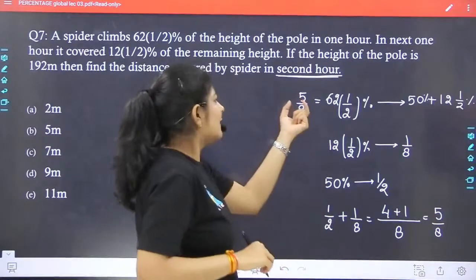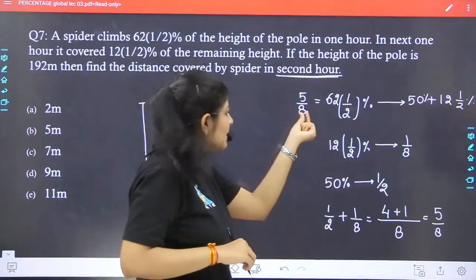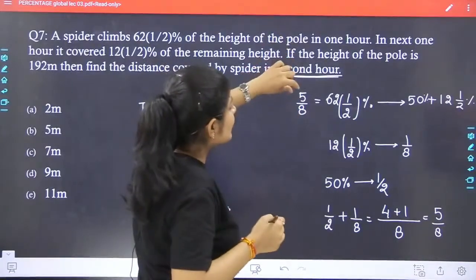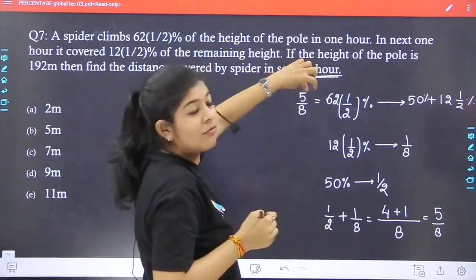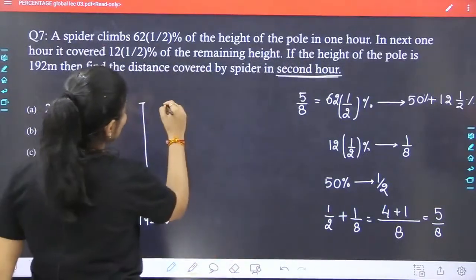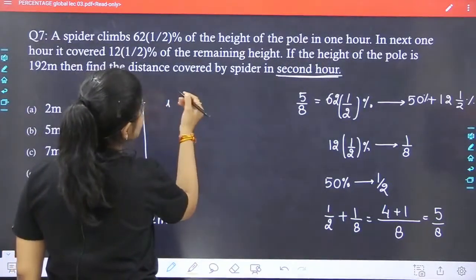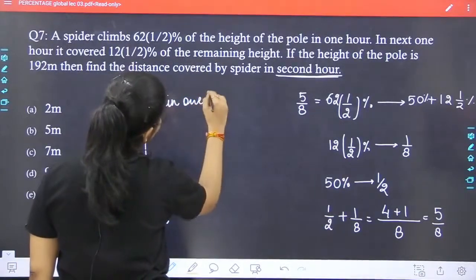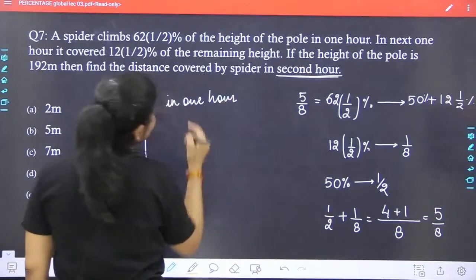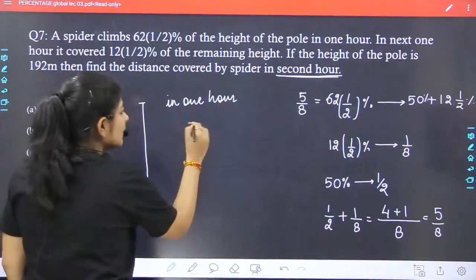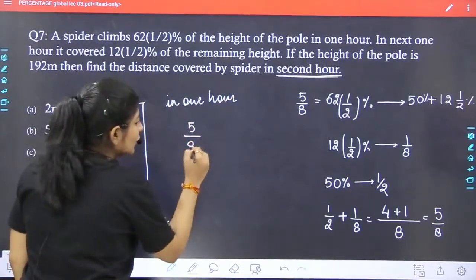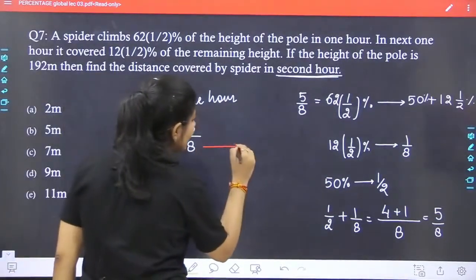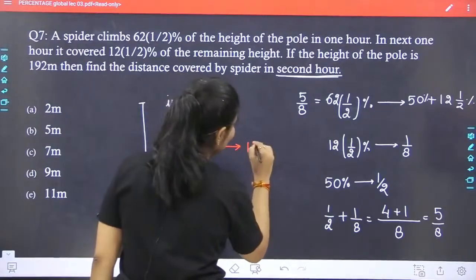That means the total height of the pole is in the multiple of 8, and the distance the spider covers in the very first hour is in the multiple of 5. Now, in the first hour, spider covers 5 parts out of 8, and it is given that the value of 8 is equal to 192.